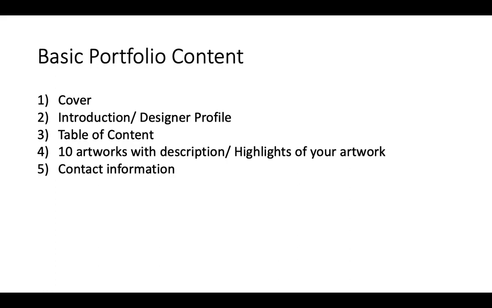But these are the basic things you need: the cover, the introduction or designer profile, the table of contents, and at least about 10 artworks with descriptions to highlight your strength in the design world, or your nature of design work. You have to show your best artwork to the audience. And last but not least, your contact information.